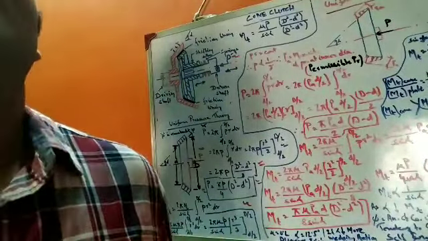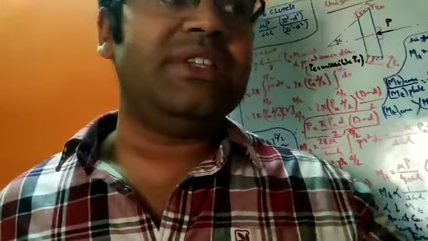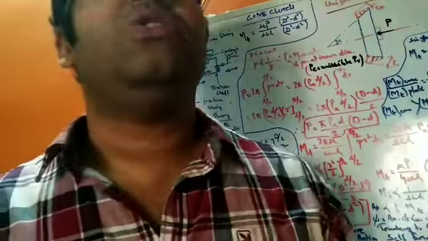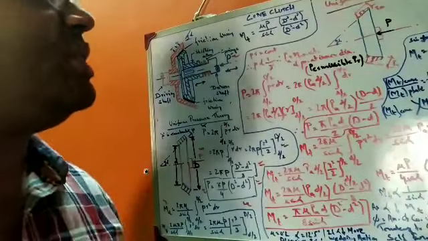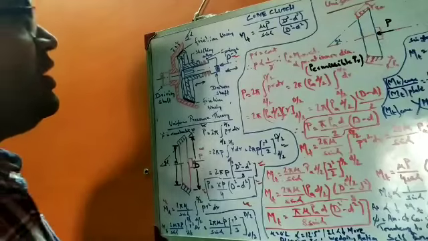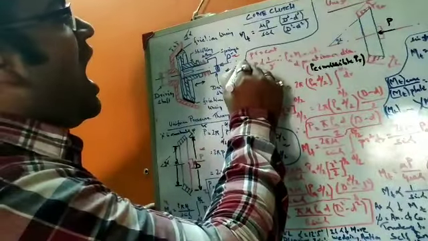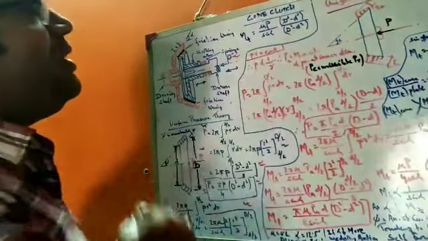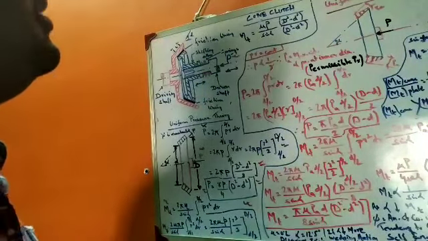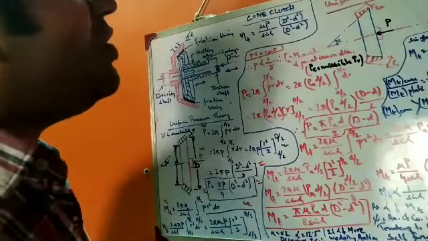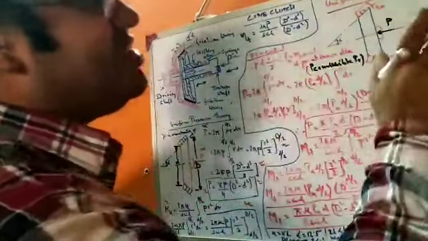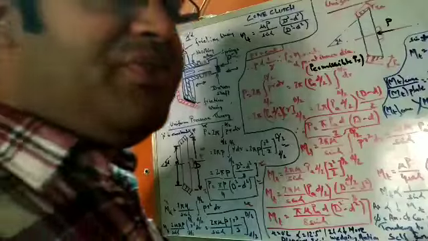What is the physical significance of wear being uniform? How can it be modeled? We consider that for the wear to be uniform, P into R, that is the pressure multiplied by the radius, remains constant. As you can see here, the pressure distribution is not the same; it is varying in nature.